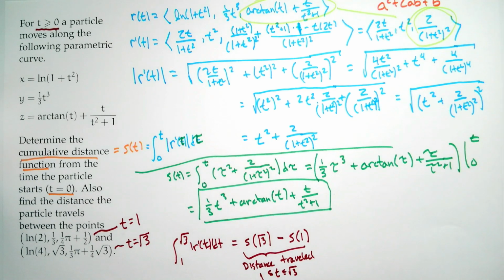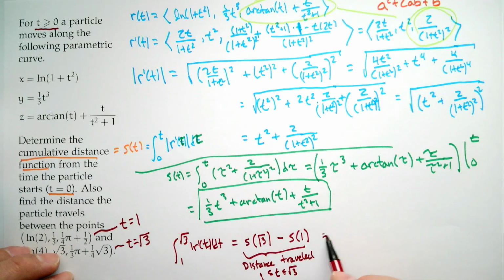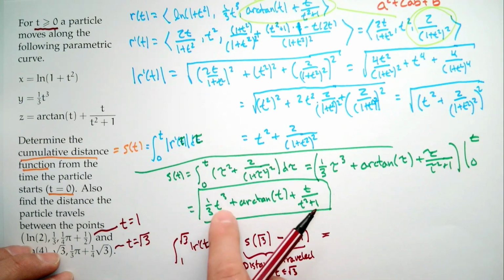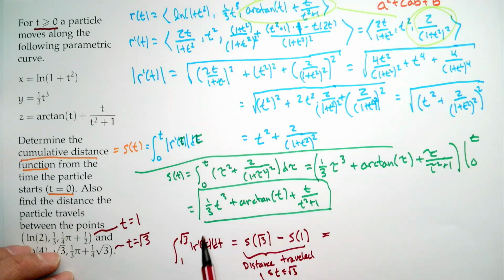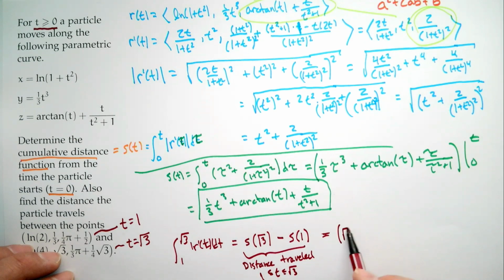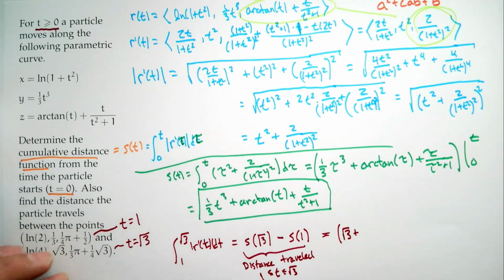And we actually have these cumulative distance functions already. So we don't have to redo any work, we just plug in. When we plug in 1/3 times root 3 cubed, that's 1/3 times square root of 3 times square root of 3 times square root of 3. That'll give square root of 3. Arctangent of square root of 3, does anybody know that?